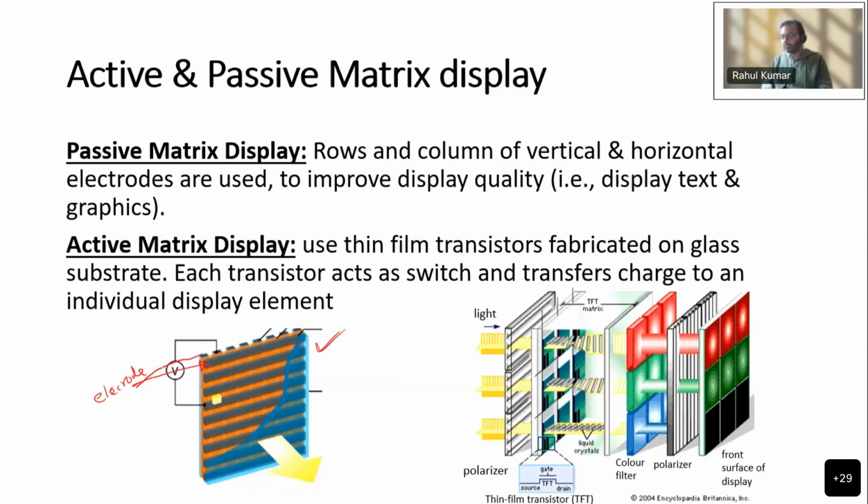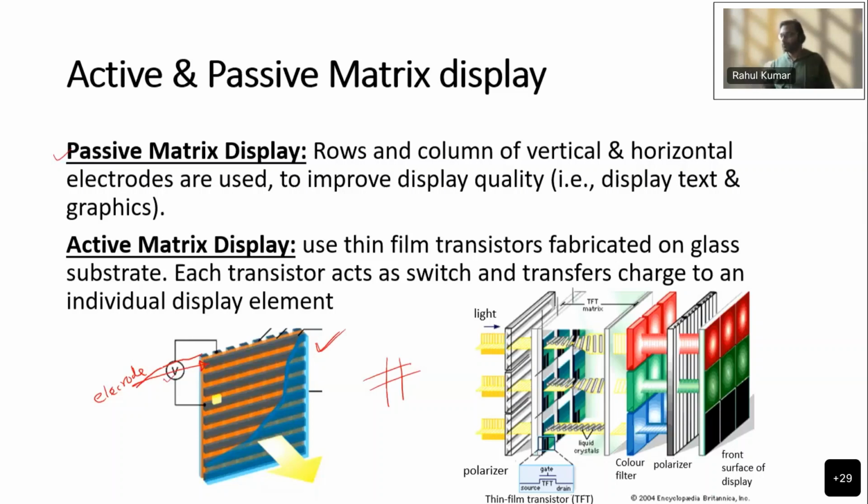So you have this type of matrix of electrodes in case of a passive matrix display, and these provide the voltage which you need to align the crystals in different orientations, or in different directions.